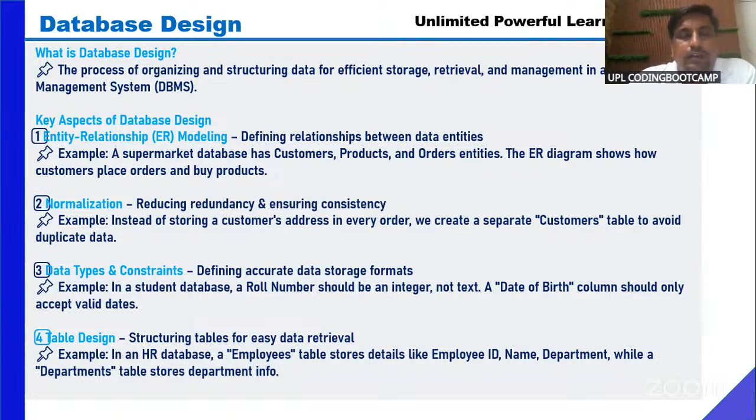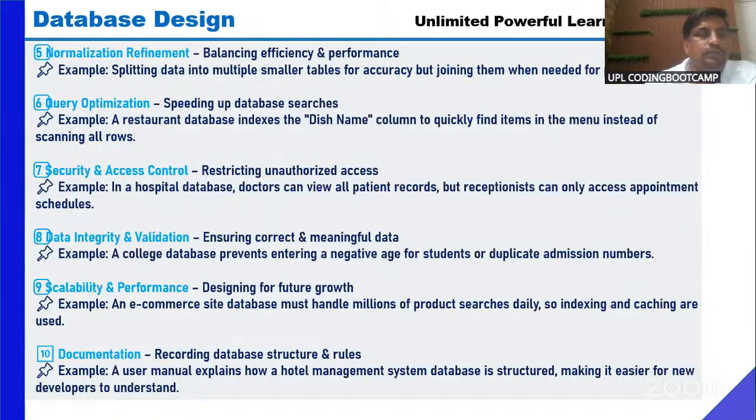But finally, you have to understand whether the designed database is correct or not. That is called normalization. When you are doing that, what kind of conditions I have to put, that is data types and constraints. Then table design: how well you structure the data.